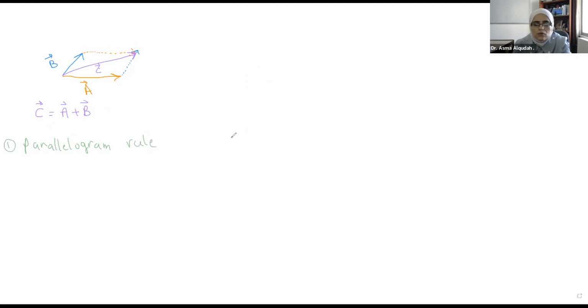The other rule, or the second rule, is the head to tail rule. In the head to tail rule, again, we have two vectors.